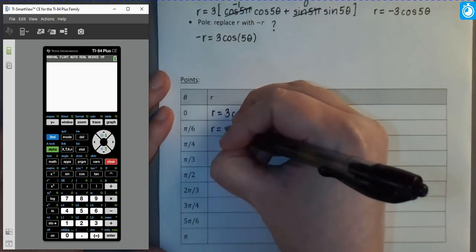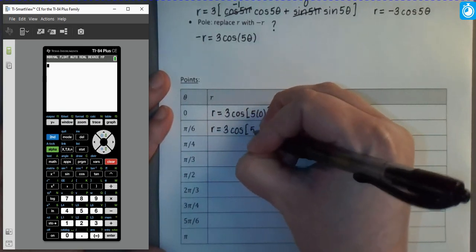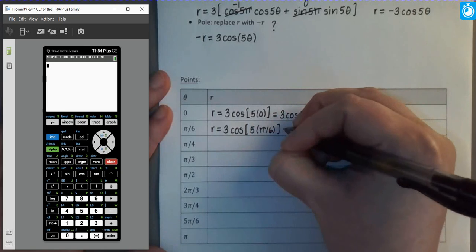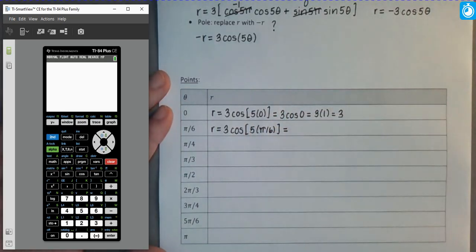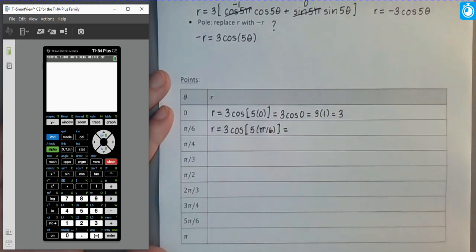So R is equal to 3 times the cosine of 5 times pi over 6. At 5 pi over 6 radians, our cosine is going to be negative root 3 over 2.